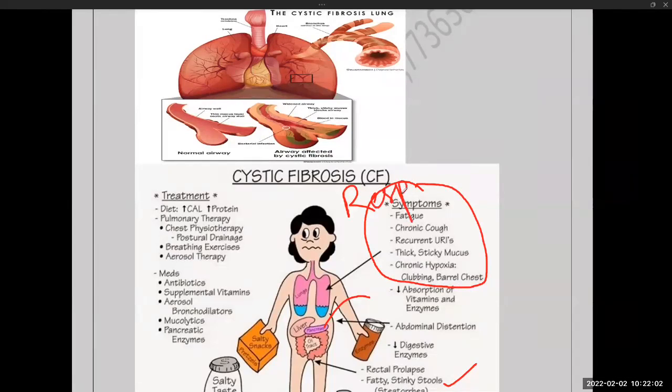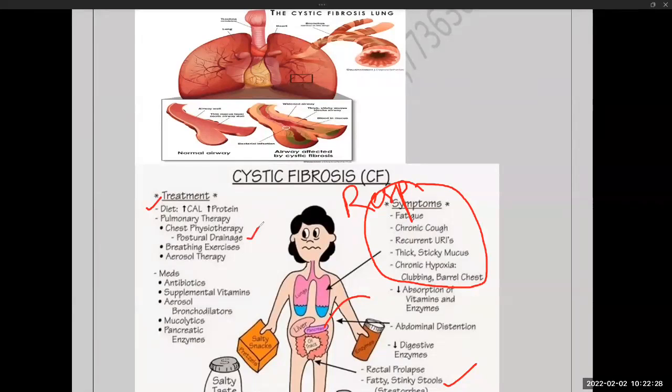Okay, and how do we manage? Provide a calorie and protein rich diet. Pulmonary therapy. What are the pulmonary therapies? Nebulization, hydration, chest physiotherapy, deep breathing, coughing, exercise. Okay, so that is included in pulmonary therapy. Chest physiotherapy, postural drainage. Already we have discussed postural drainage.